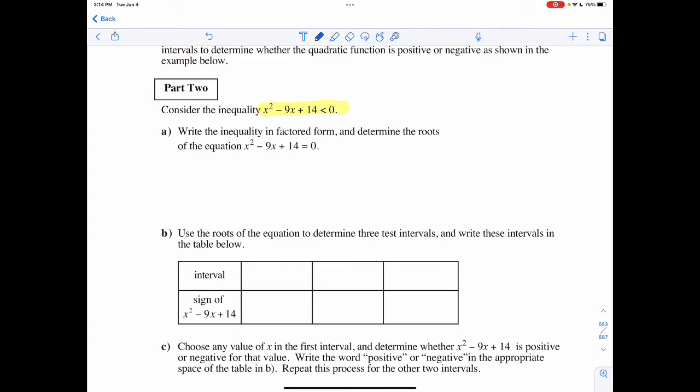If x squared minus 9x plus 14 is equal to 0, then that's going to be x minus 2 times x minus 7 is equal to 0. And the two roots would be x is equal to positive 2 or positive 7.